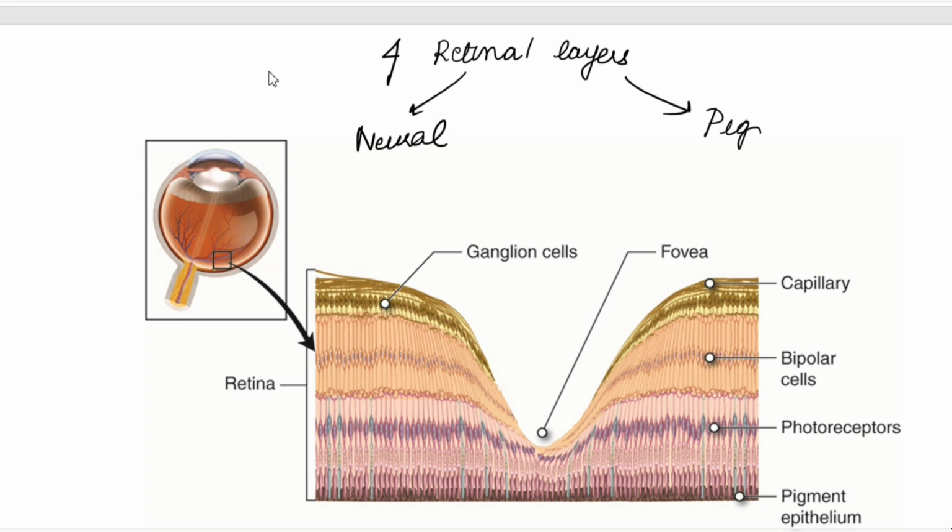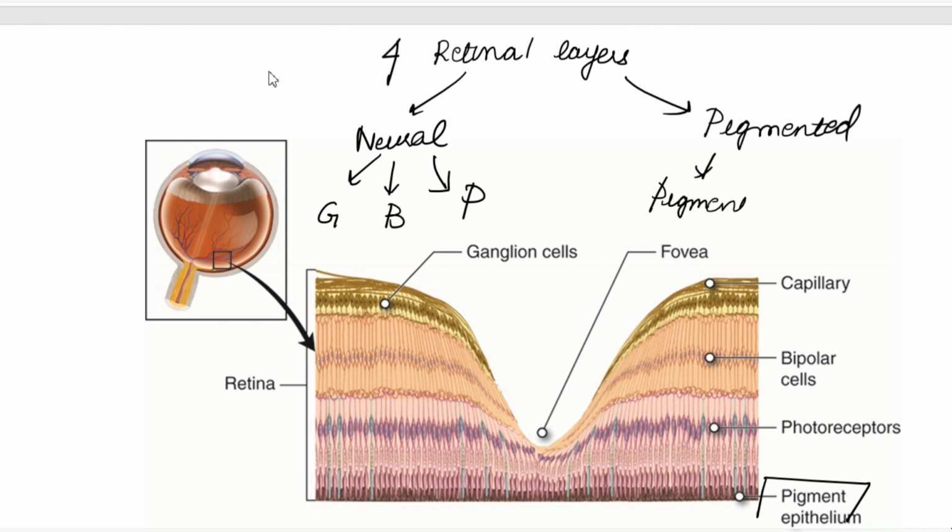So totally there are four layers of retina. But how many neural layers? Only three layers. Gang of lion surrounded by two polar bears taking a photo, from inner to outer. Remember that very carefully.